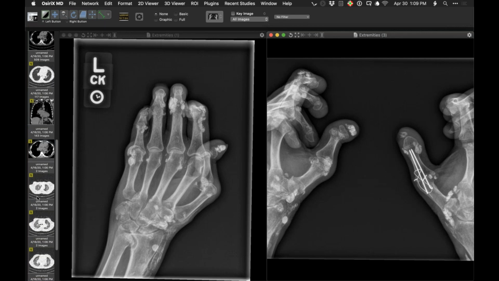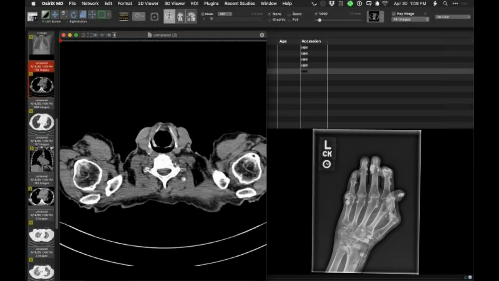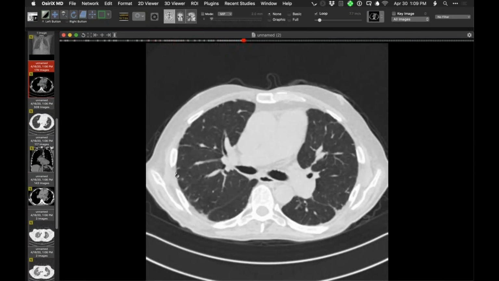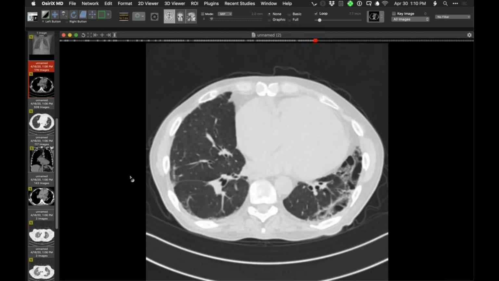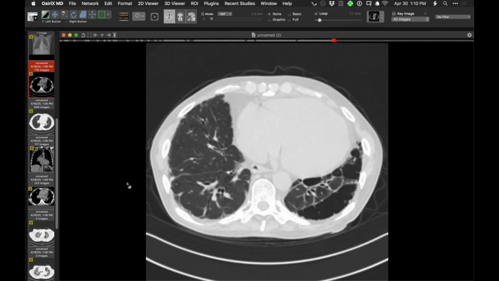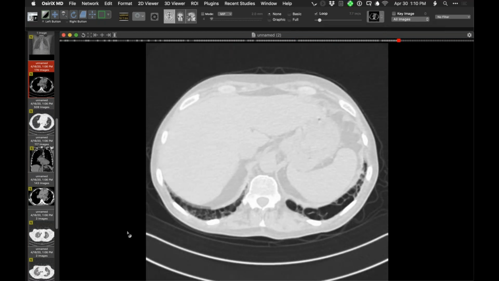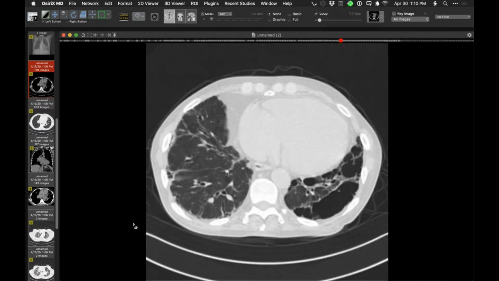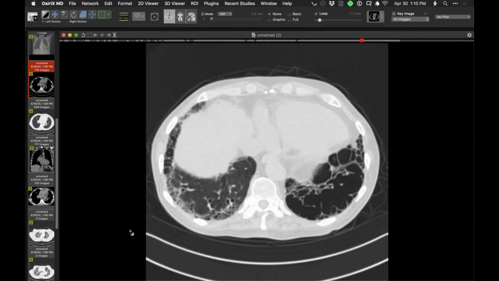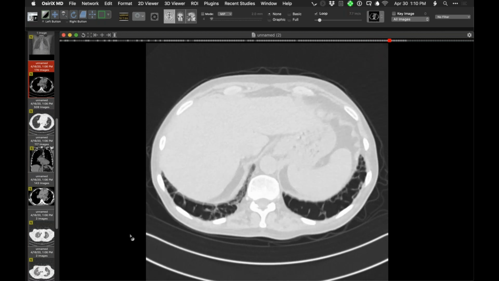So let me go to some thin cuts and I have them. We have very extensive basal lung disease, pretty mild more superiorly, but very extensive subpleural traction bronchiectasis and very extensive honeycombing in the lower lung zones, consistent with, in this case, connective tissue disease associated pulmonary fibrosis with very extensive honeycombing, pretty dramatic.